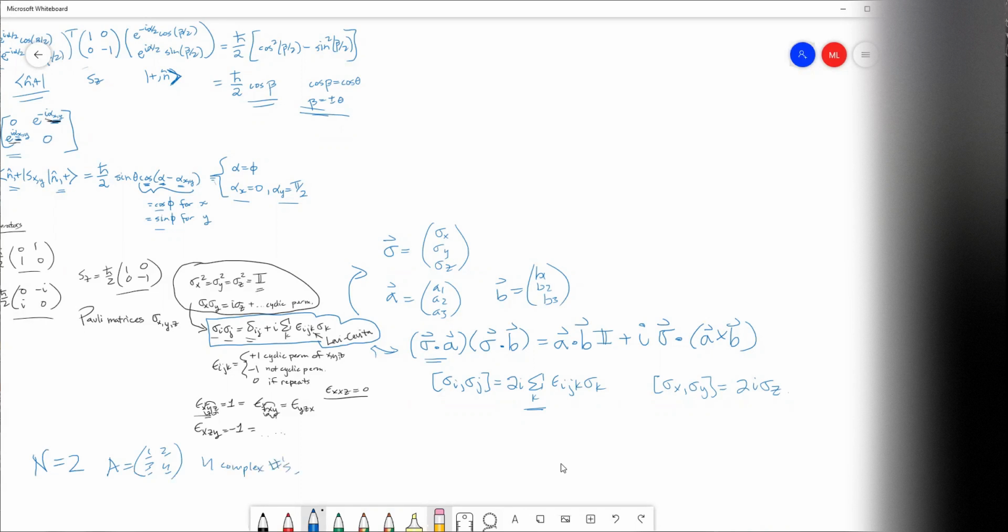So you know immediately that any operator you can actually write in terms of a basis of the identity plus the 3 Pauli matrices. So you can decompose any matrix into a constant times the identity plus some constants times the 3 Pauli matrices. And that gives you all 4 degrees of freedom that are required of any operator for a 2-dimensional Hilbert space.